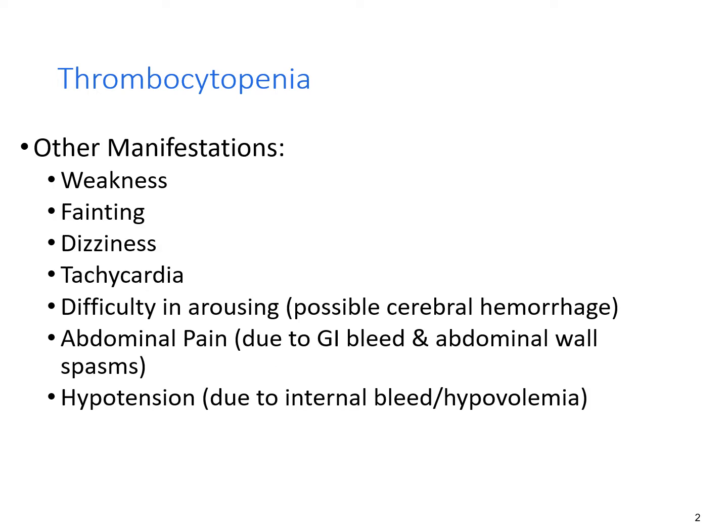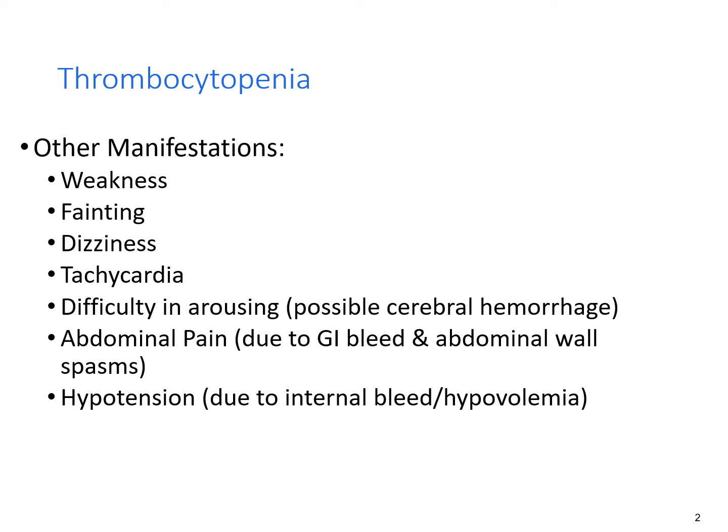So what might you see in the patient? Things like weakness, fainting, dizziness, tachycardia, difficulty in arousing. Once again, it depends on the amount of platelets that you have, which is why we went through the different manifestations depending on platelet levels. This patient is not going to be the one with 140,000 platelets.